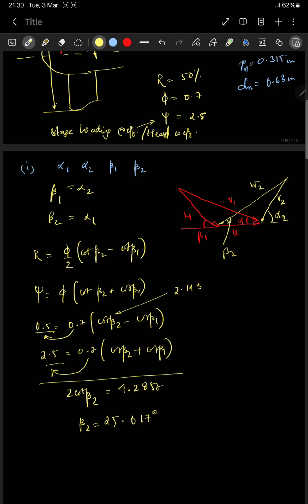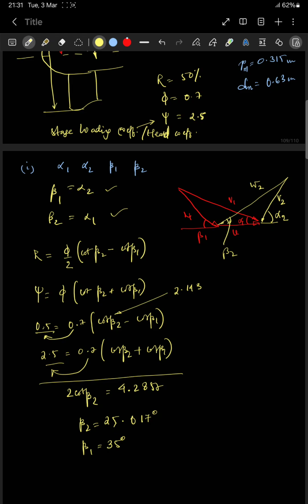So we have 0.5 divided by 0.7, 2.143 minus the answer, 1 divided by answer, shift tan inverse of answer is 35. So beta 1 is equal to 35 degrees. So we know all these values, right?